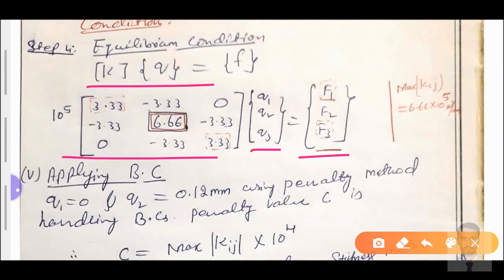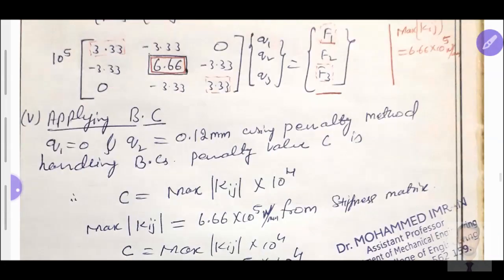Then we need to find the penalty value, which means we need to apply the boundary condition. We are handling the boundary condition using the penalty method, that is Q1 and Q2 equal to 0. In the elimination method we assumed Q2 is approximately equal to 0, but here there are no assumptions.